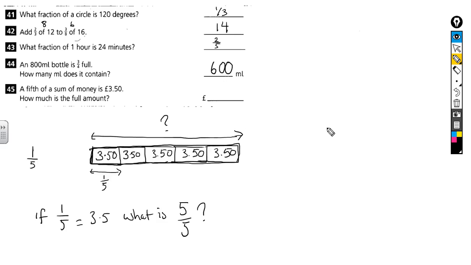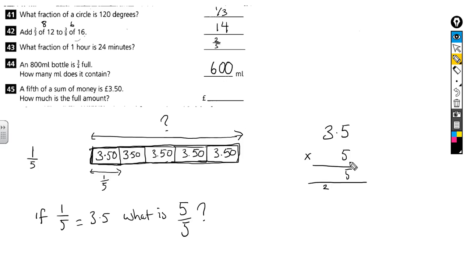So we're going to do 3.5. We don't actually need the 0. So 3.5, and we're going to multiply that by 5. So what's 5 times 5? 25.